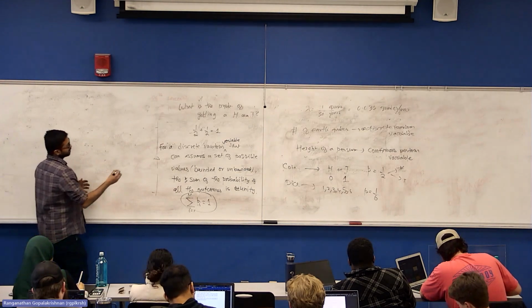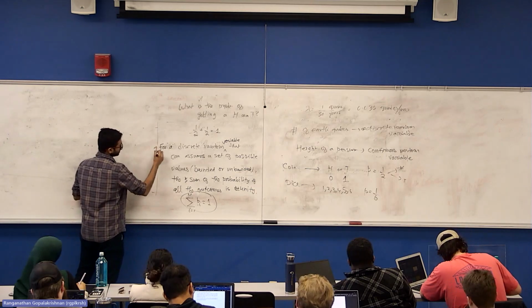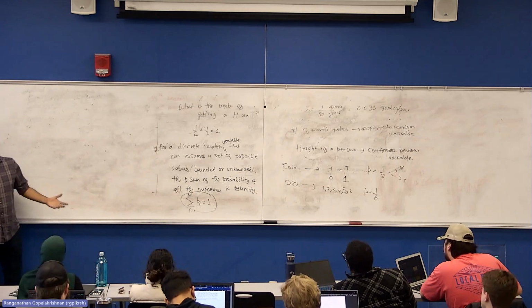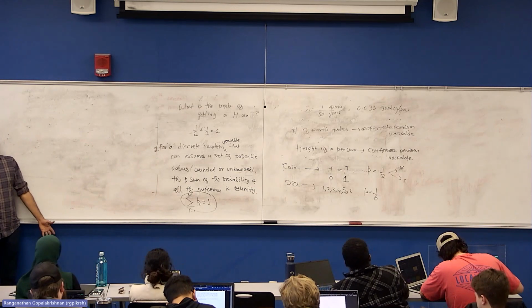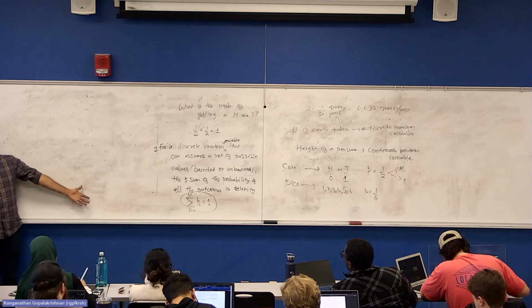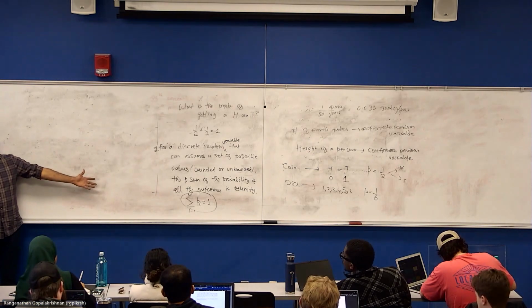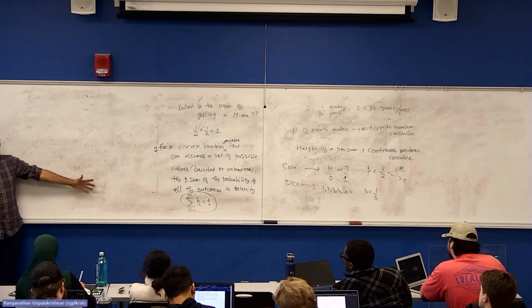So the first idea is the sum of all the outcomes must lead to a total probability of 100%. It's almost like stating the obvious, right? You agree? Okay.